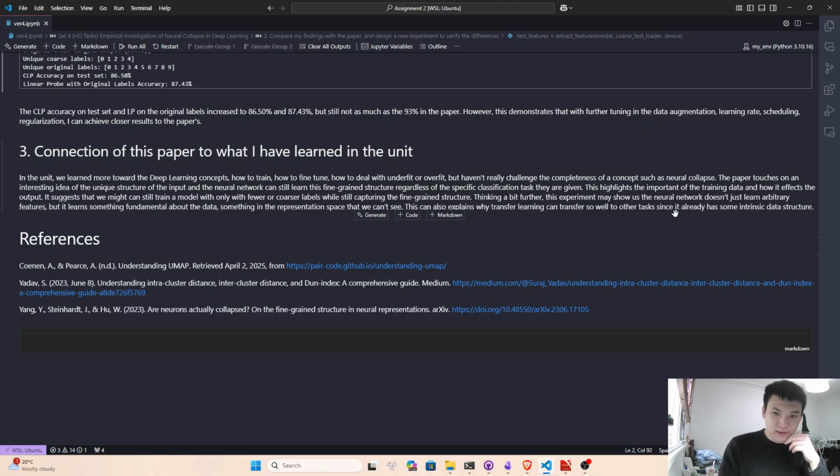And we cannot see this learning without dimension reduction. We can't really see what's going on. But I think this also explains why transfer learning can transfer to other tasks really well, because it has some sort of intrinsic data structure already.